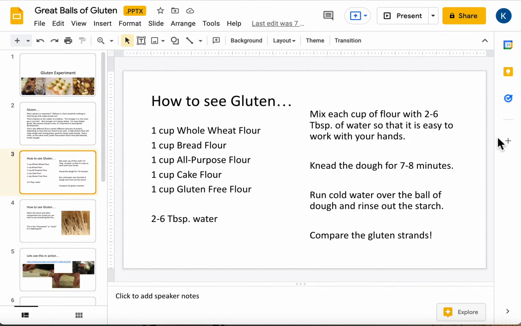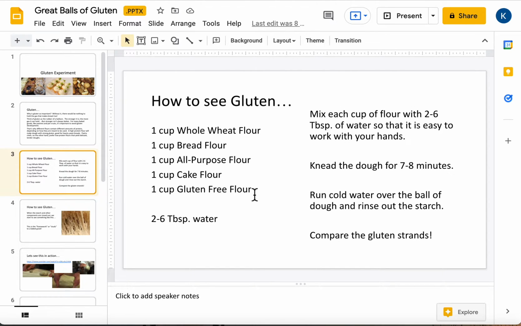If we would have had a full class period, we would have needed an extra minute or two longer to really get that gluten going. And then we would have once again run the cold water over the ball of dough to get rid of the starch. That way we could see the gluten strands. And ideally, we would have had a little ball of gluten from each one of these so you could see the differences once that starch was rinsed away.